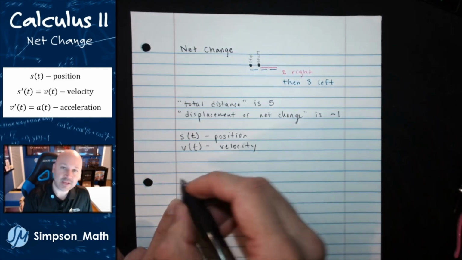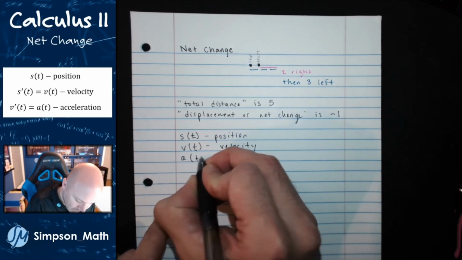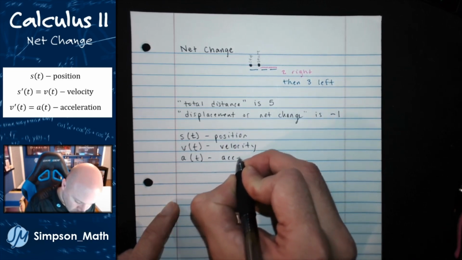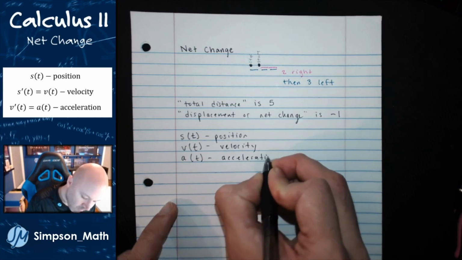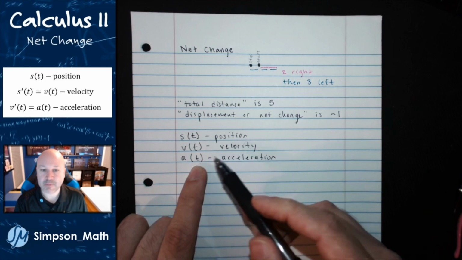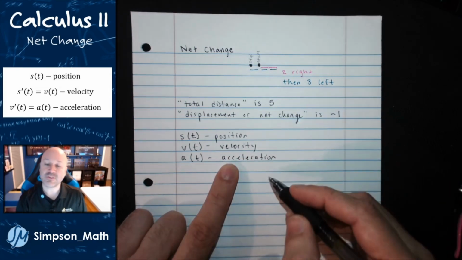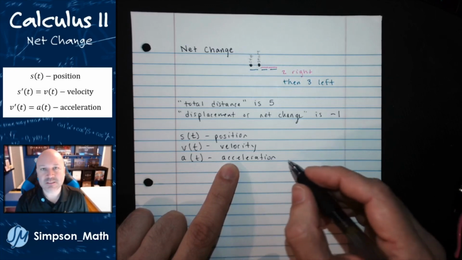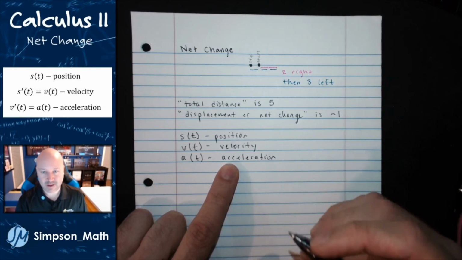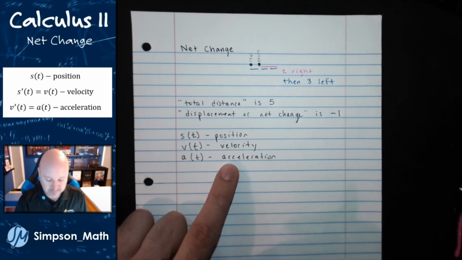If we were to continue, the next down the list is acceleration. Same idea. The input variable is still the time, but now the derivative of velocity, or the second derivative of position, will tell us the rate at which we were increasing or decreasing, that acceleration.